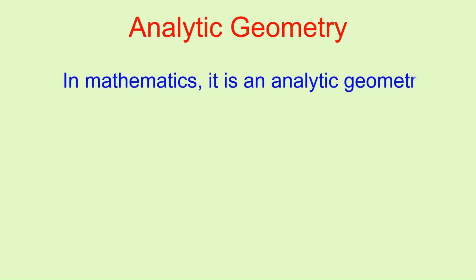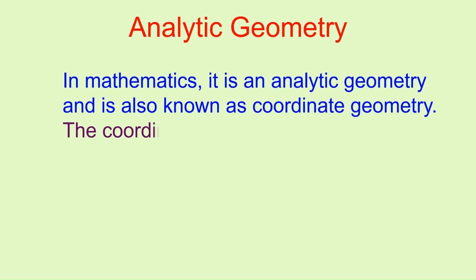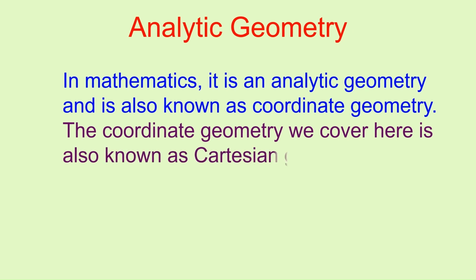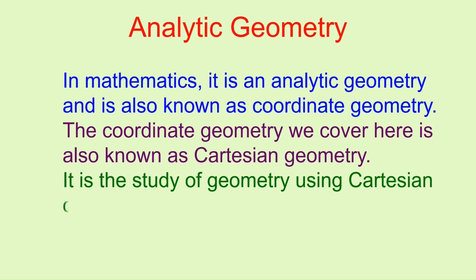In mathematics, it is an analytic geometry, and it is also known as coordinate geometry. The coordinate geometry we cover here is also known as Cartesian geometry. It is the study of geometry using the Cartesian coordinate system.